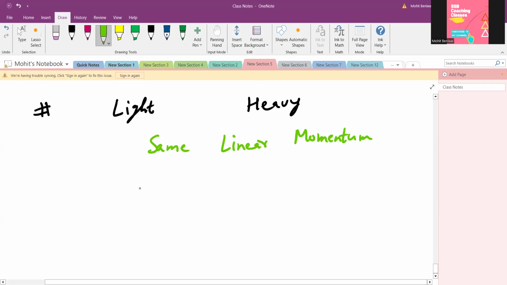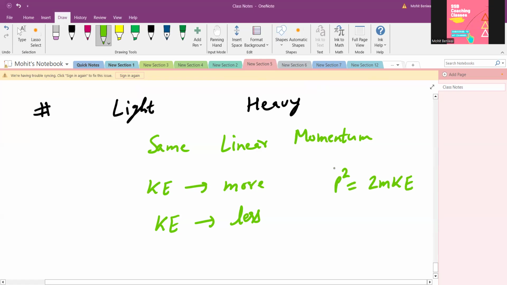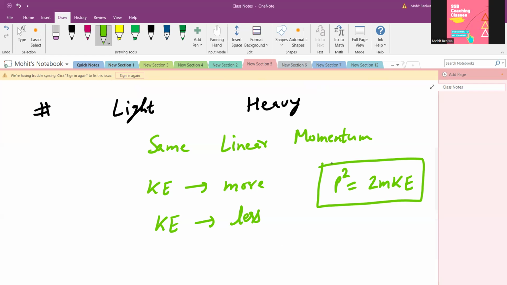And now you have to tell which object is having more kinetic energy and which object is having less kinetic energy. So try to solve this numerical using the same concept, that is p square is equal to 2m into kinetic energy, and put the answer in the comment section.